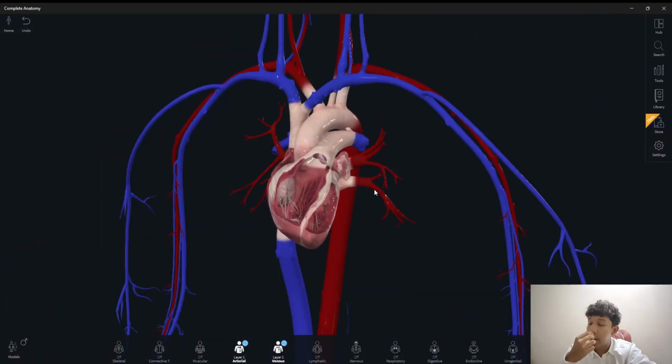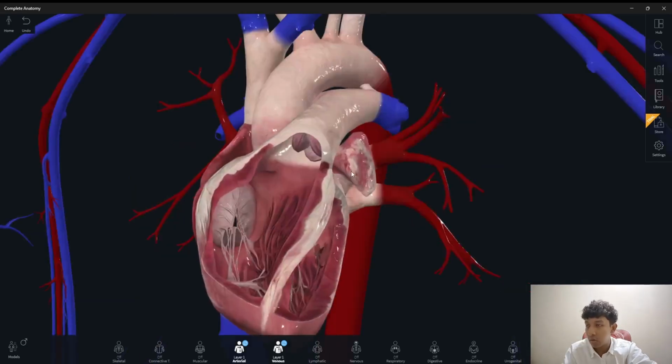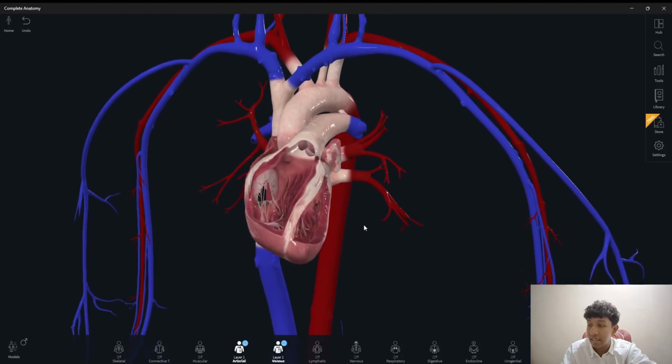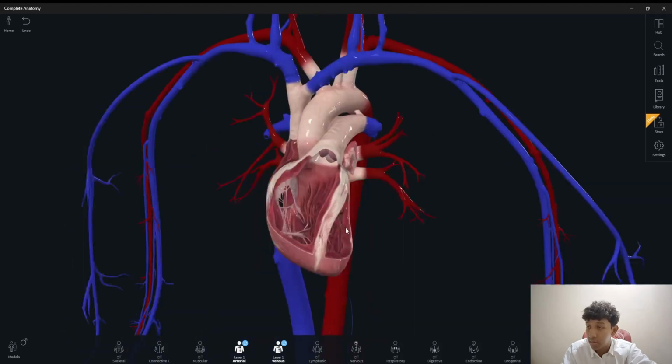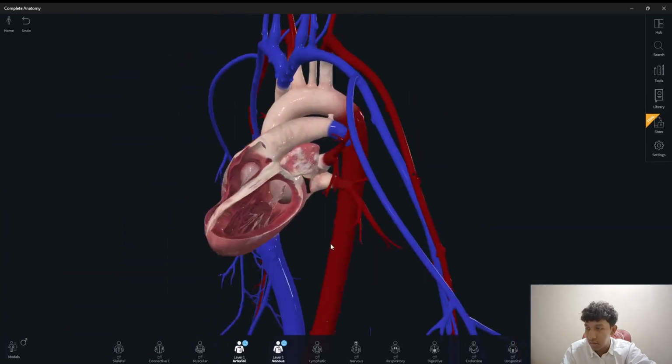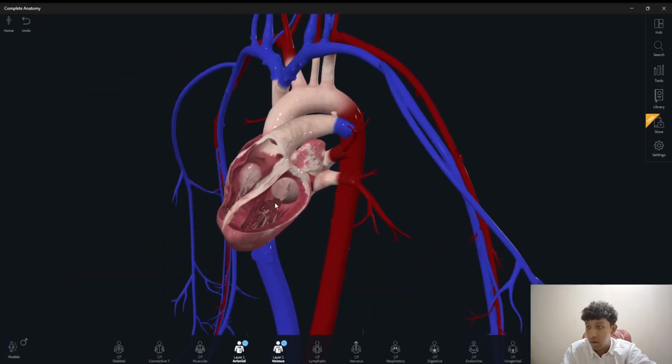I would like to point out the blood that flows in the dextra chamber and the sinistra chamber. The chamber means this area called the dextra side of the heart and the sinistra side of the heart.